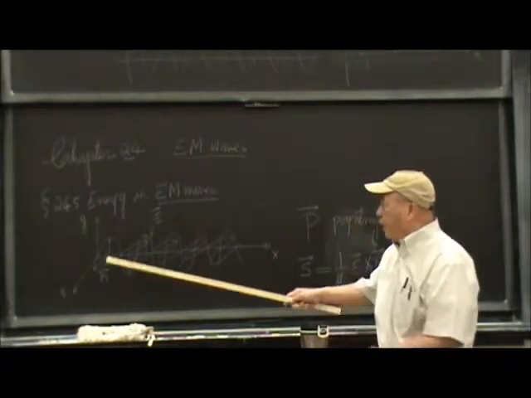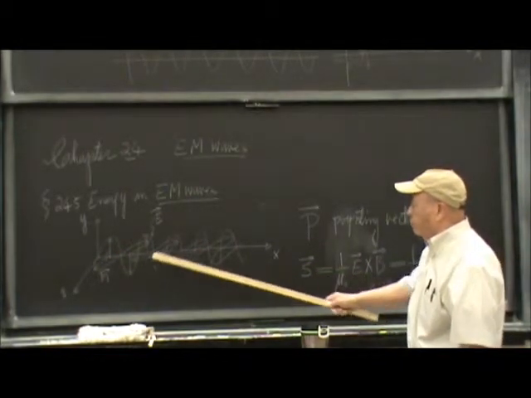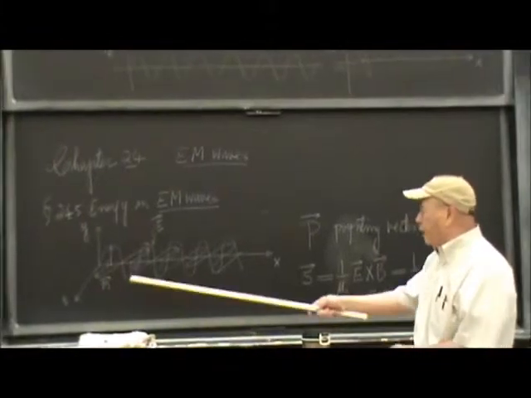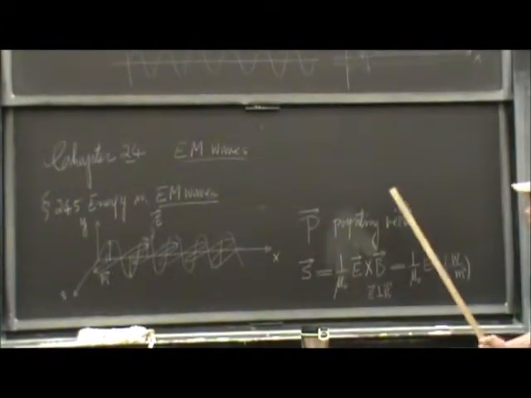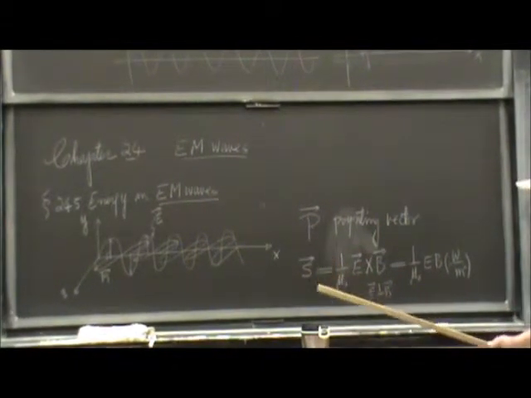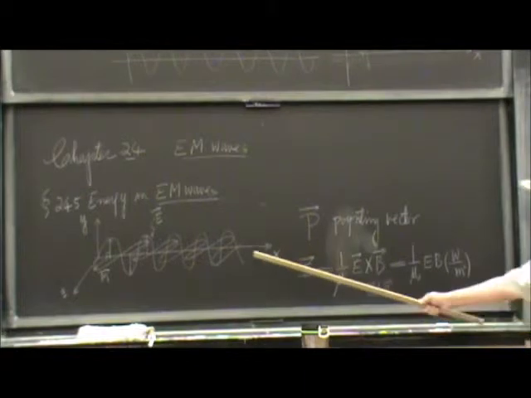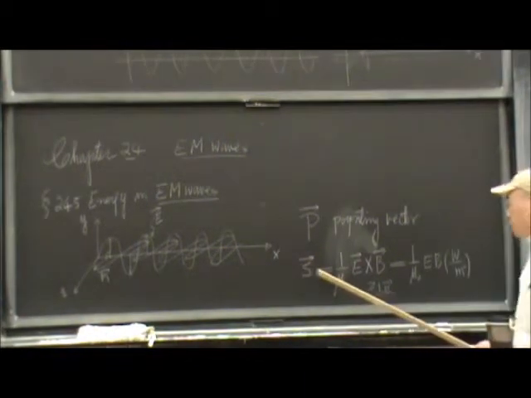So when the electrical field and magnetic field oscillate, they do carry some energy. And that particular energy is related to the Poynting vector.